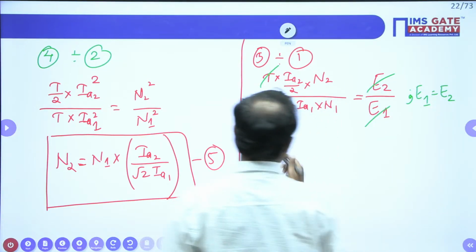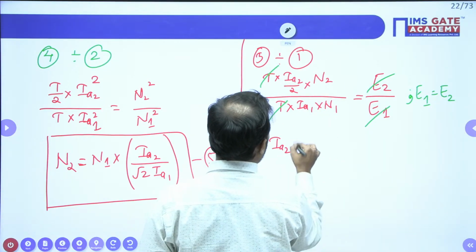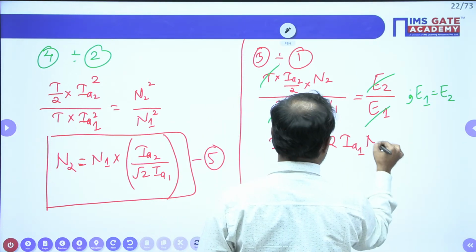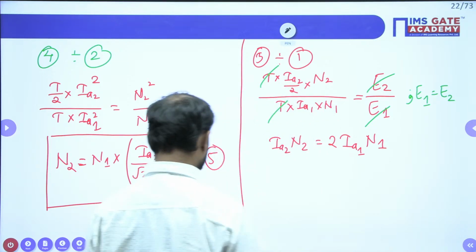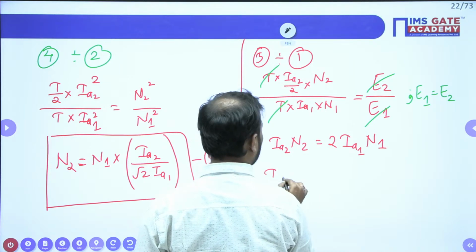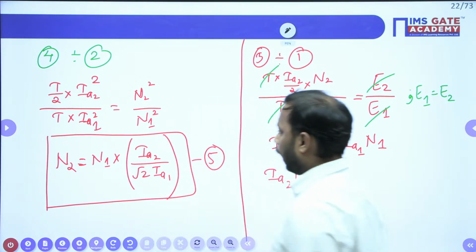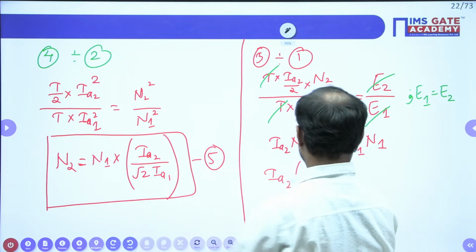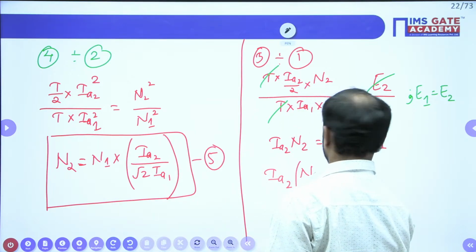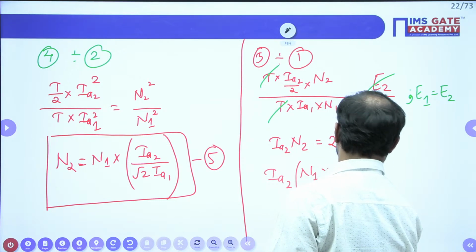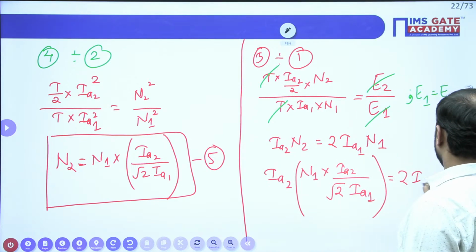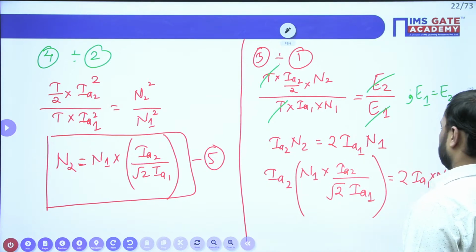So from here, Ia2 N2 will become 2 Ia1 N1. So Ia2 times N2, substituting N2 from here, N1 into Ia2 over root 2 Ia1, is equal to 2 Ia1 into N1.